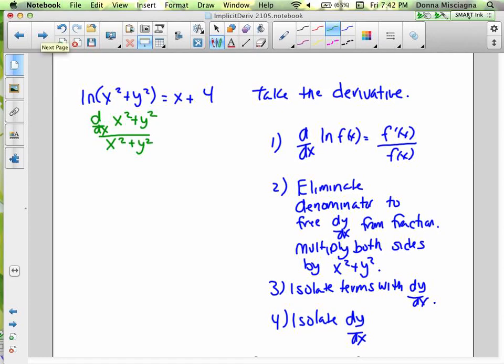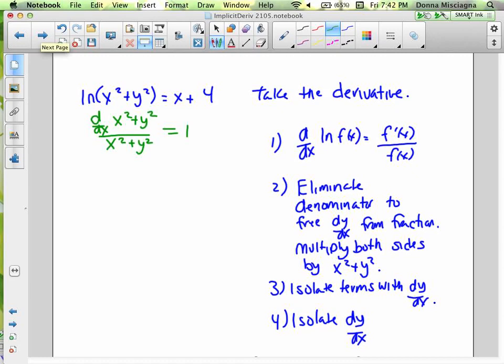And then let's take care of the x and the plus and the 4, and then we'll simplify that. The derivative of the terms on the right are really easy. Derivative of x is 1, and the derivative of 4 is 0. All right, so now let's take the derivative of x squared plus y squared, just a chain rule.